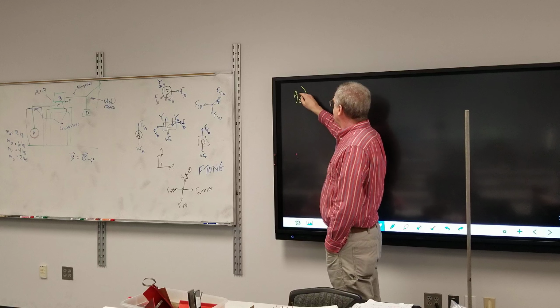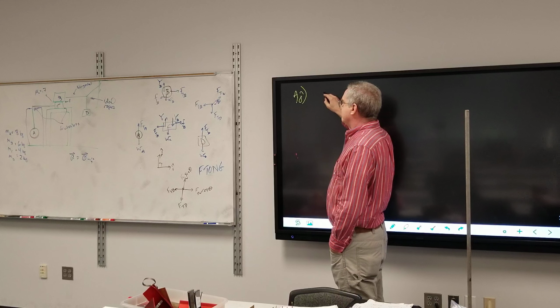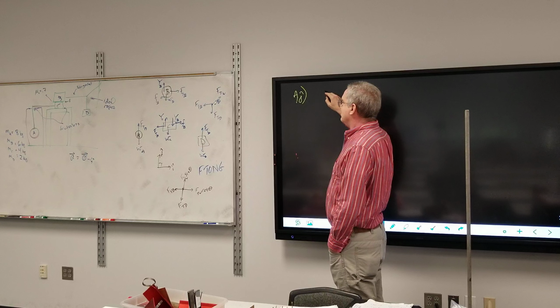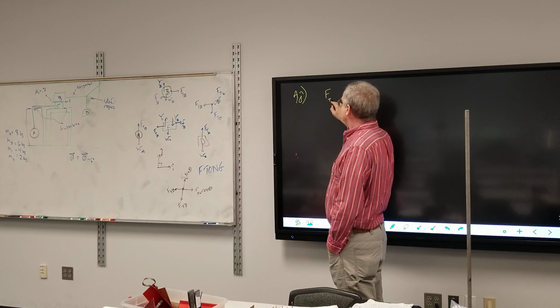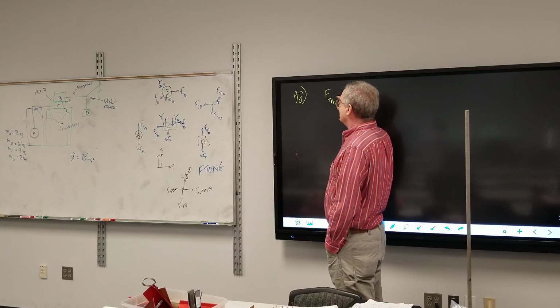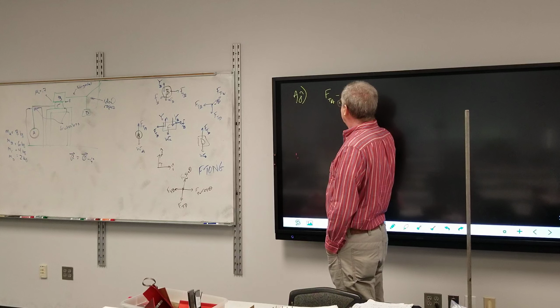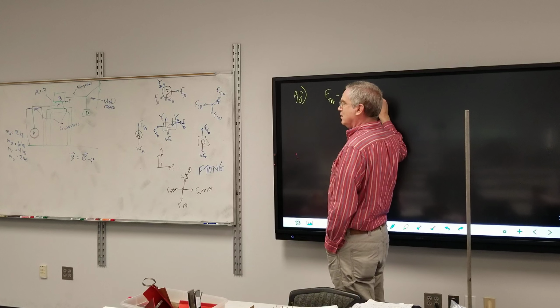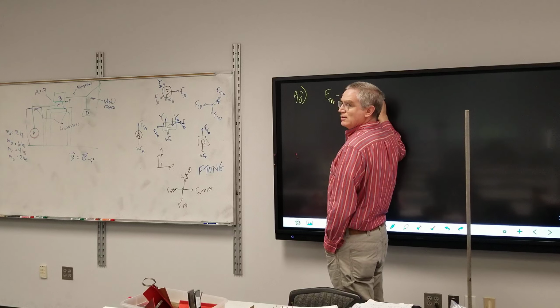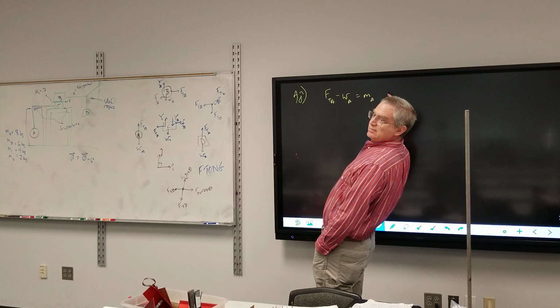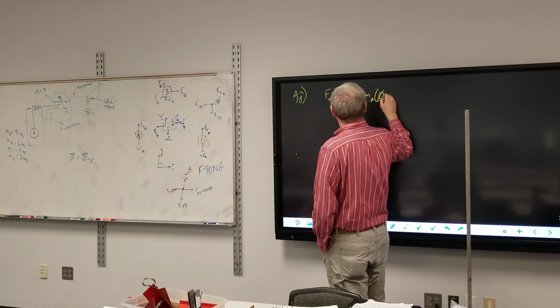So we got our A j equation. F T subscript A minus weight equals mass of A times 0.